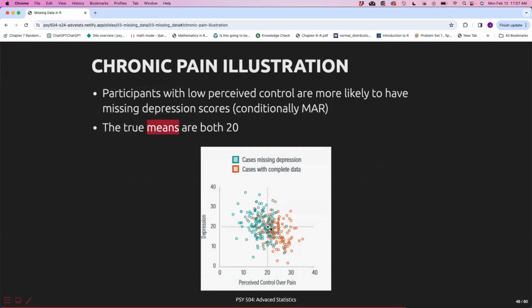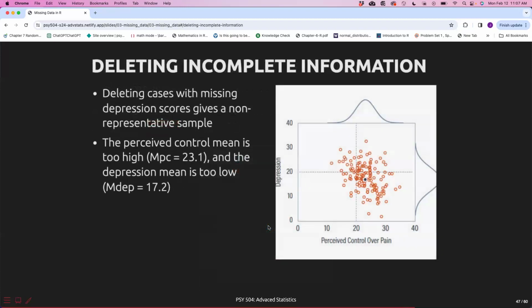That's highlighted here. We have this cross section at 20. If we just remove those missing values, this would be called a complete case analysis. If we listwise delete this, we've biased our estimates. The perceived control mean is 23.1 and the depression mean is 17.2 now, right? So we have a biased estimate.